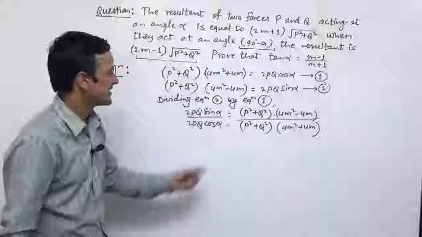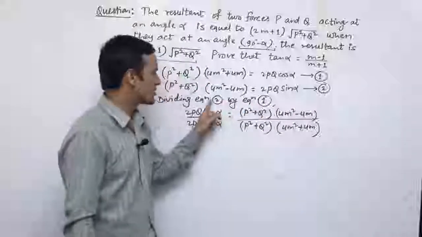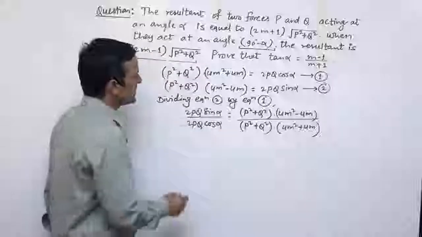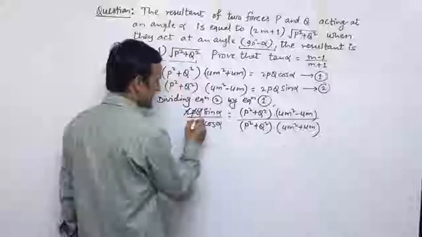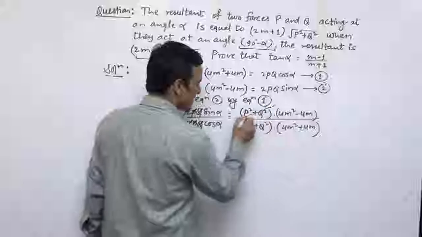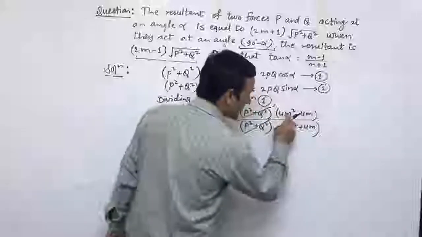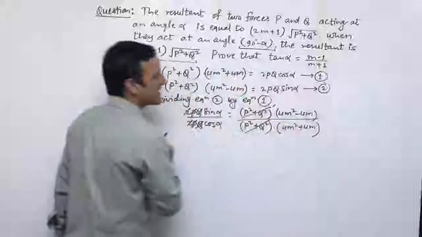So this one is the result after dividing equation 2 by equation 1. So we get this term. Now we can cut down this and this. And here we can cut down this and this. And if you take common 4m from here, then it will also cancel.